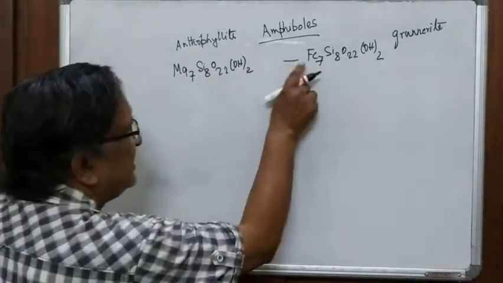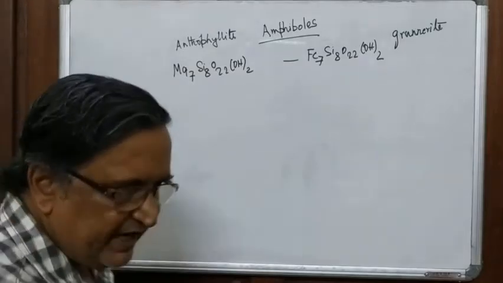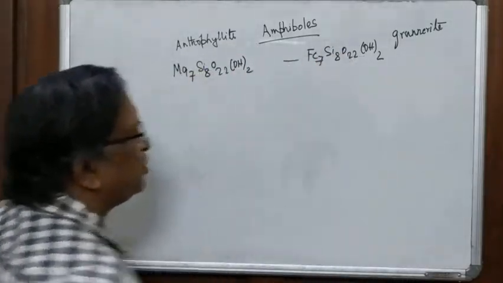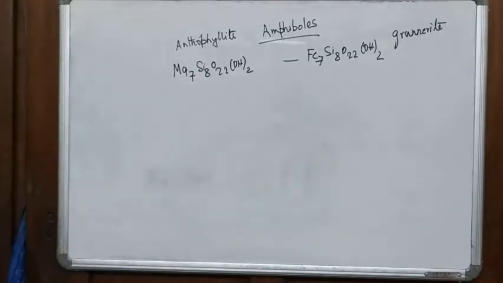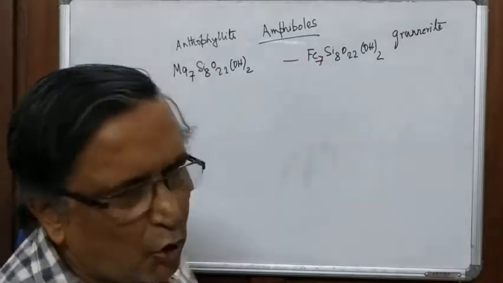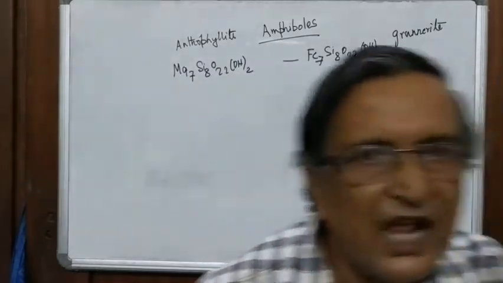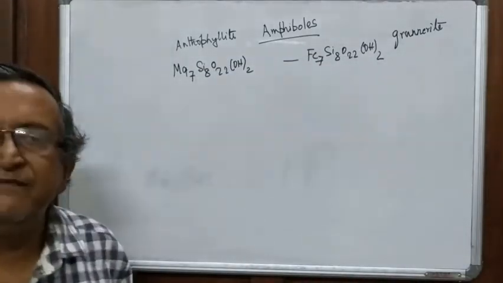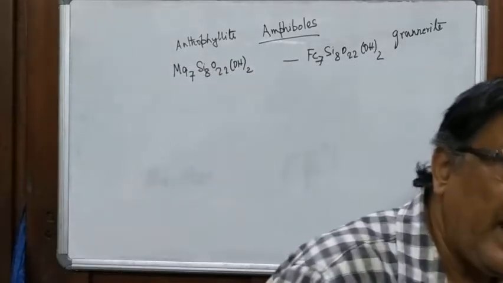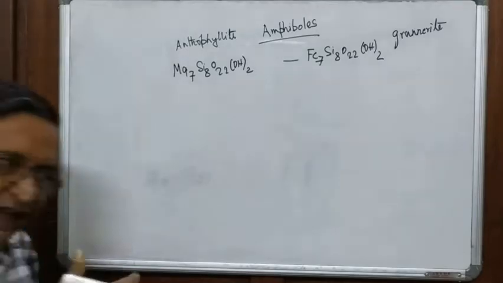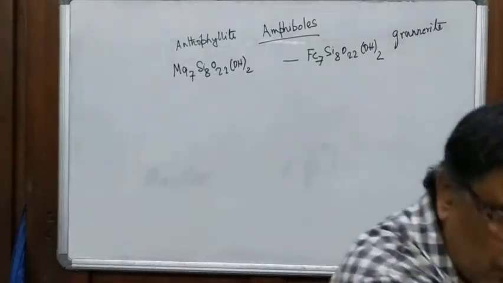So Mg and Fe form a continuous solid solution series. Anthophyllite-grunerite forms a solid solution series. By the way, both anthophyllite and grunerite are orthorhombic. They crystallize in the orthorhombic system, and they are also called orthoamphiboles. It's very similar to orthopyroxene.